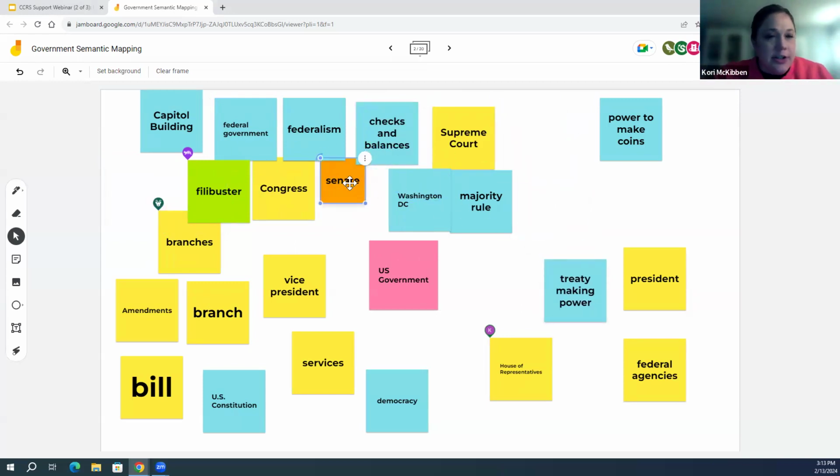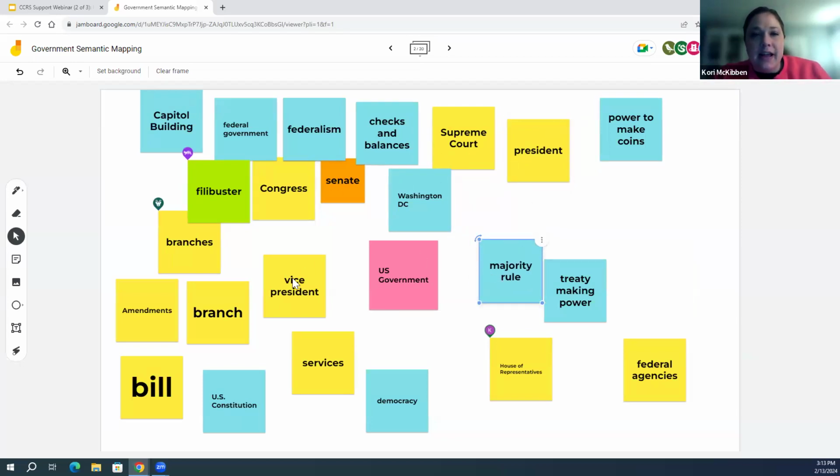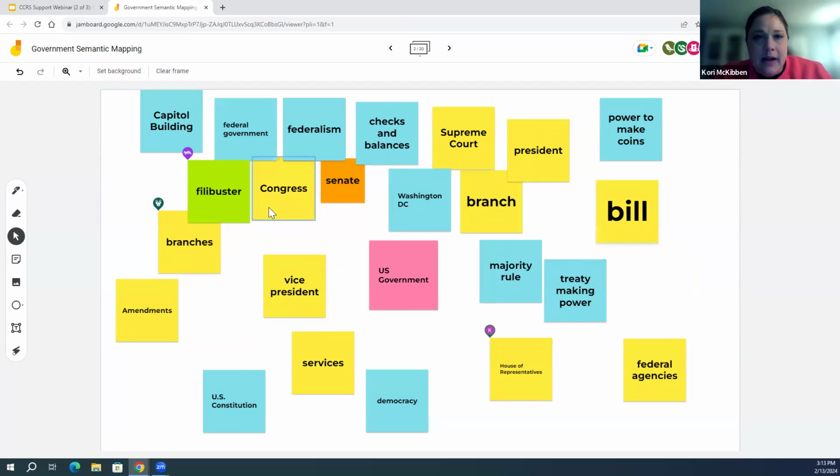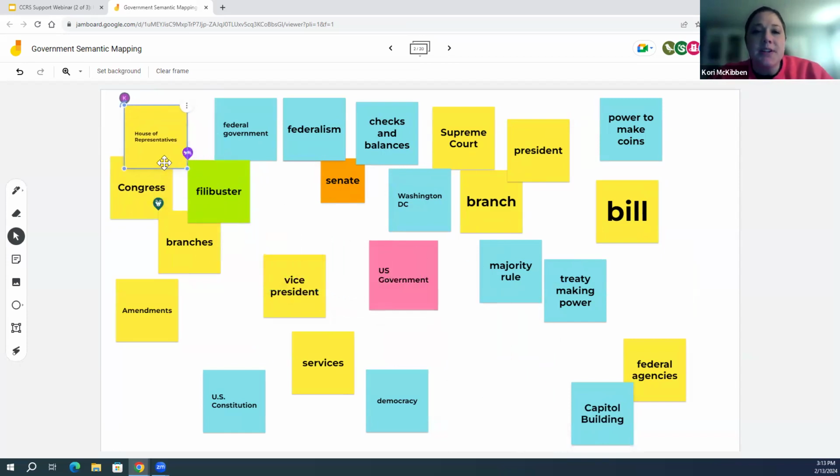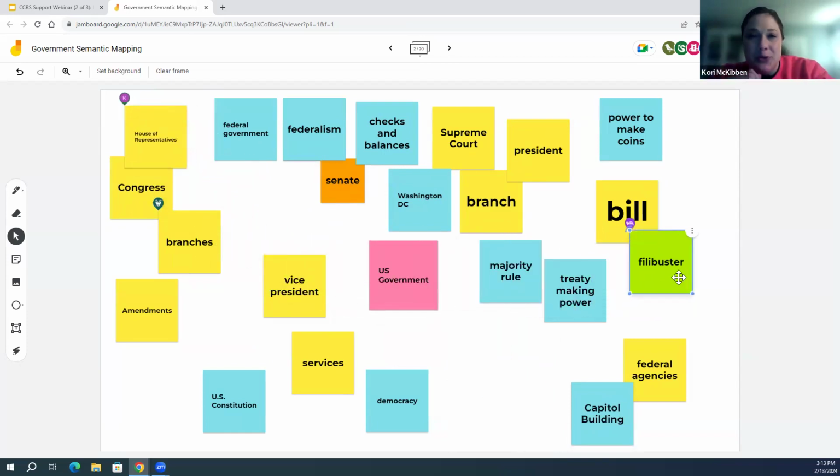So if I were thinking about the branches of government, like Congress and the House of Representatives, those are legislative, right? So I'm going to sit and I'm going to sort through.